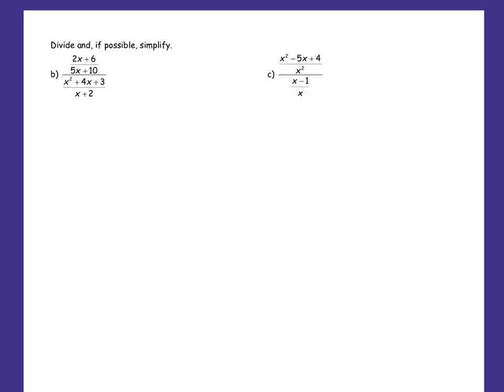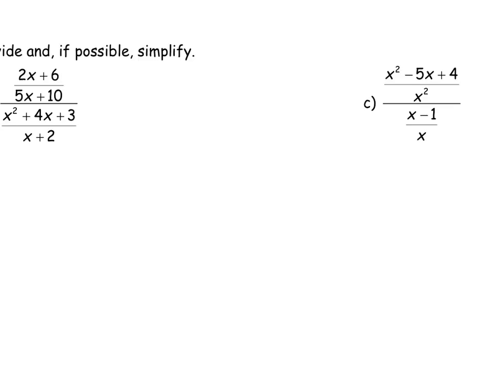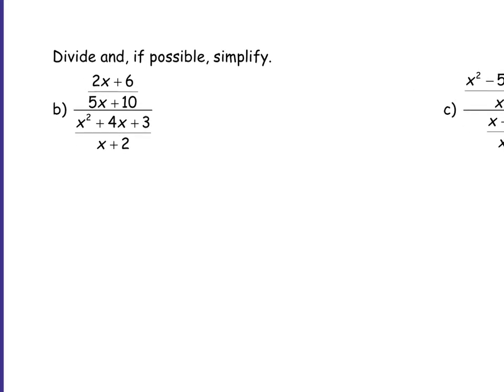Okay, so here's 2 problems for you to do. So I'm going to flip this one. So it's going to become times x plus 2 over x squared plus 4x plus 3.